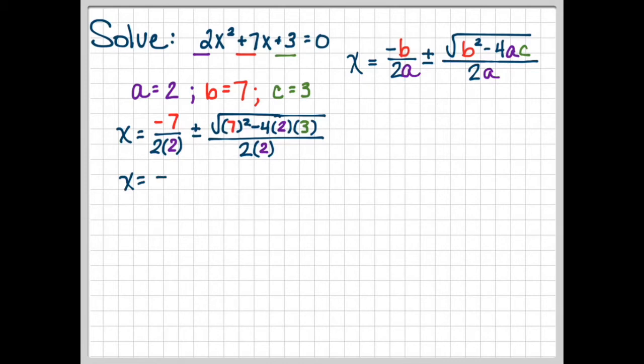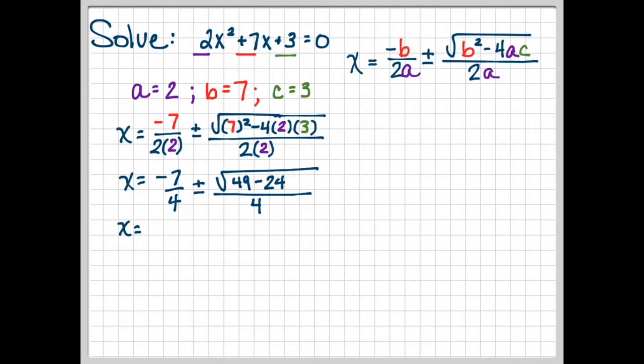X equals negative 7 over 4 plus or minus the square root of 7 squared is 49. Negative 4 times 2 times 3 is going to give me negative 24. That whole thing over 2 times 2 is 4. So we'll keep simplifying.